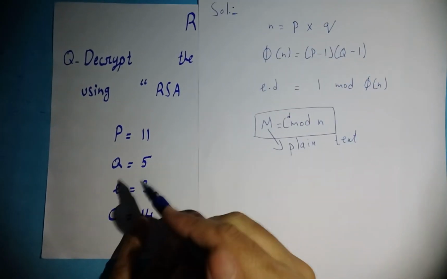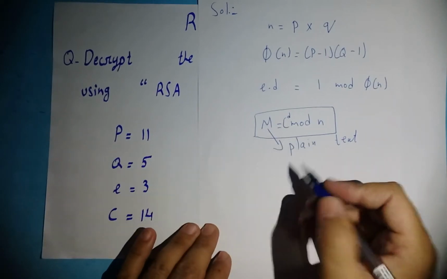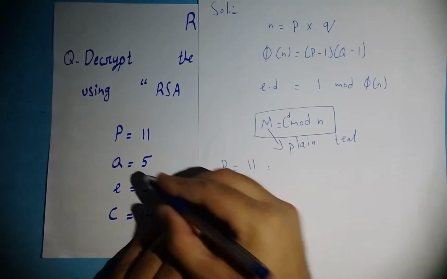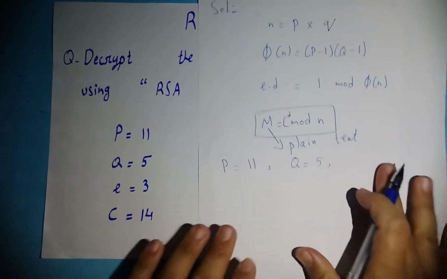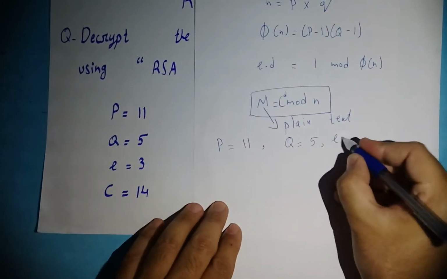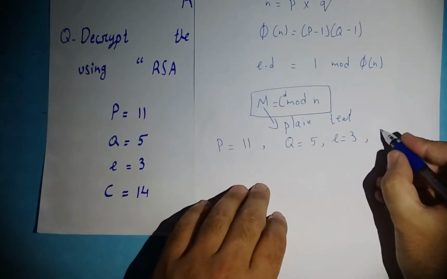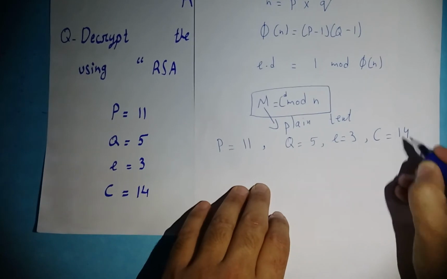First of all I'm just going to quickly write over here the given values. P is equal to 11, I've got it, and Q is equal to 5. Now E is equal to 3, I've got, and the last one is C, you can say C and you can say cipher text as well, I've got it 14.